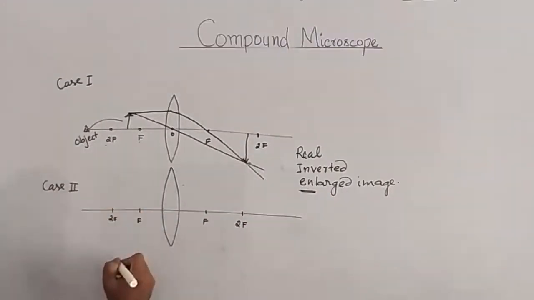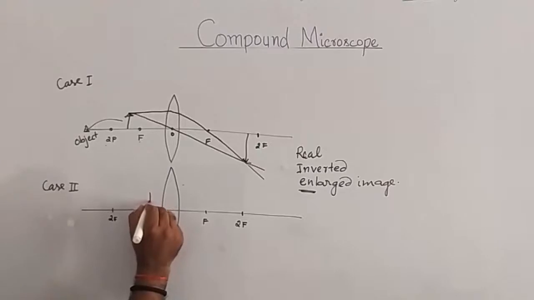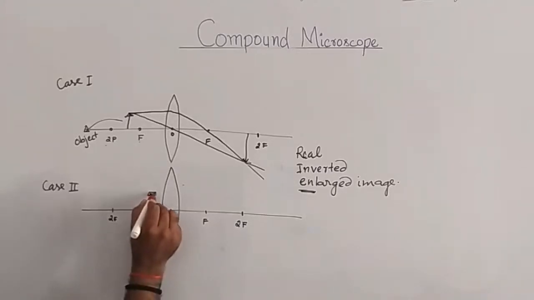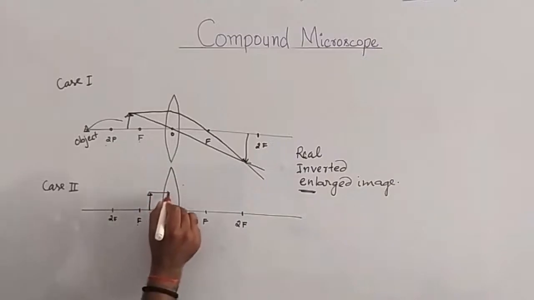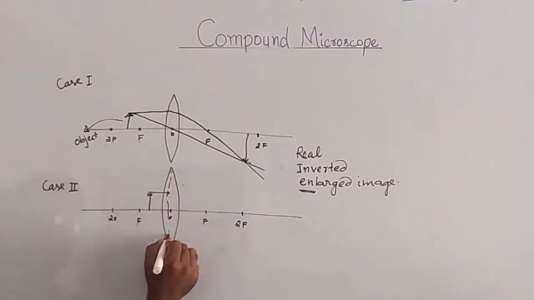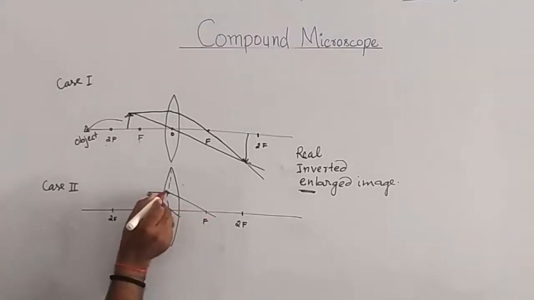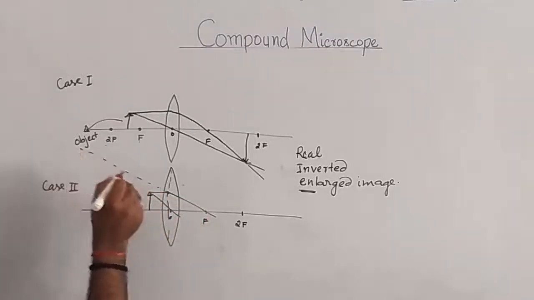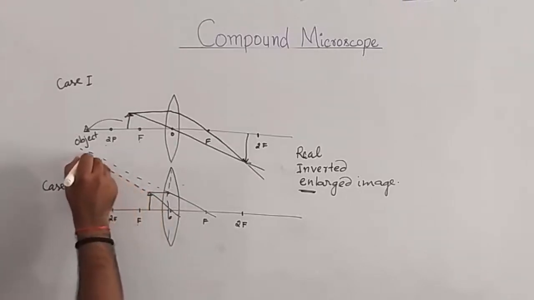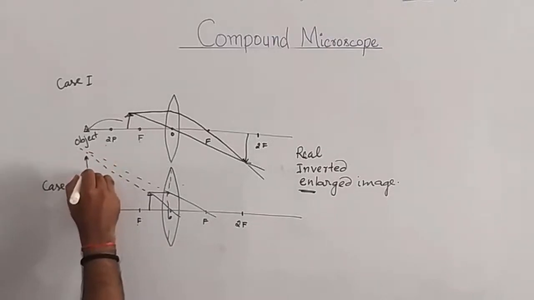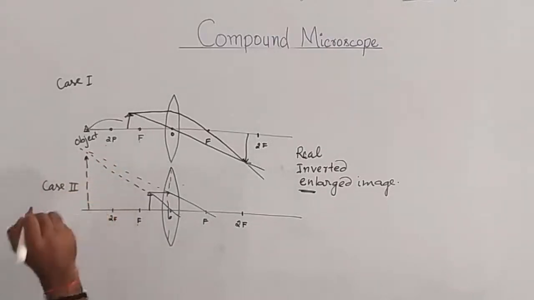Now consider the second condition. Suppose I place an object here between f and the optical center. Then what will happen? There will be formation of an image, but that image is going to form somewhere very much away from the place, and this is not a real image.